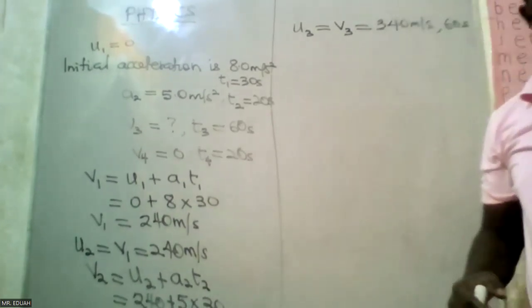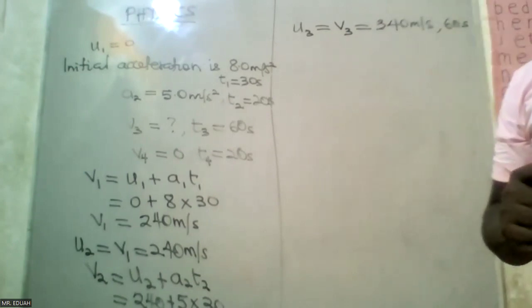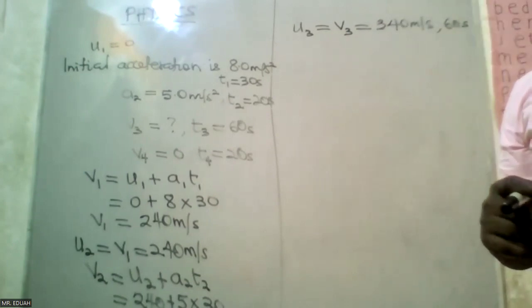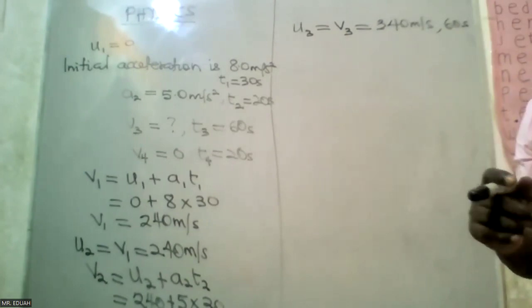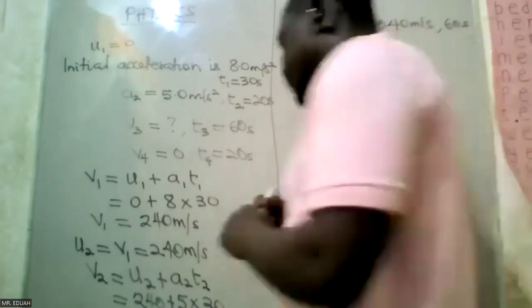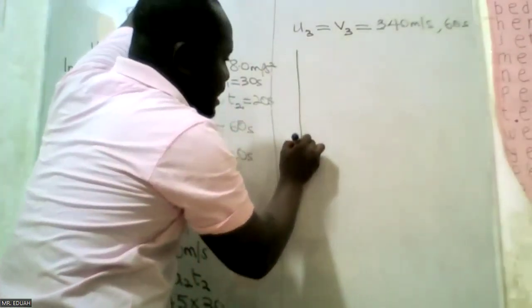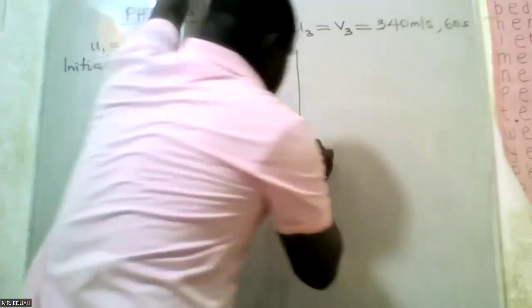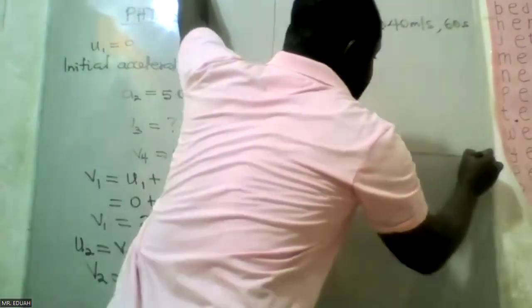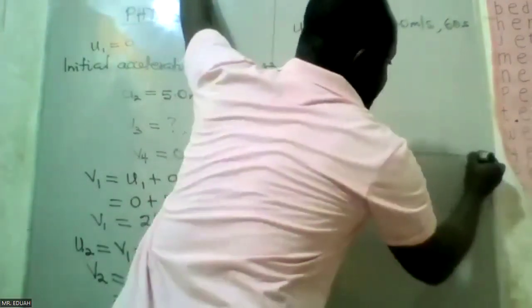Okay, so draw the velocity time graph of the motion using the information given above. So it's just a sketch. We are not drawing to scale, so I'm sketching a velocity time graph.